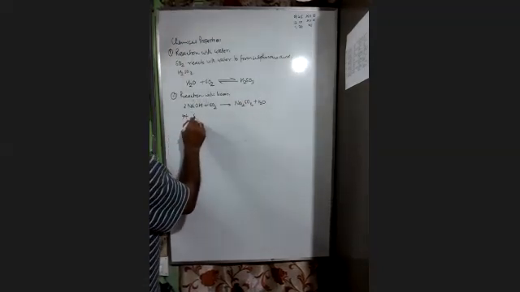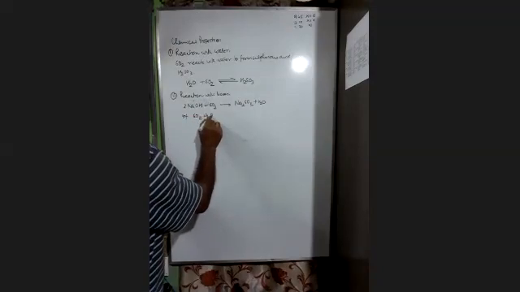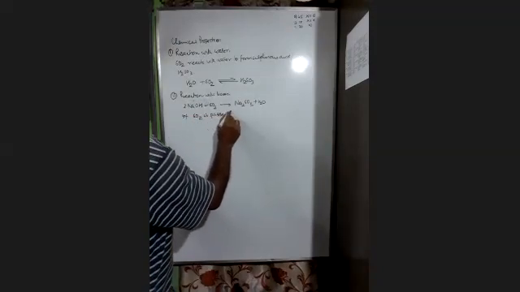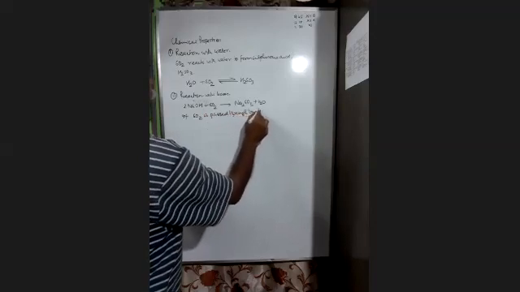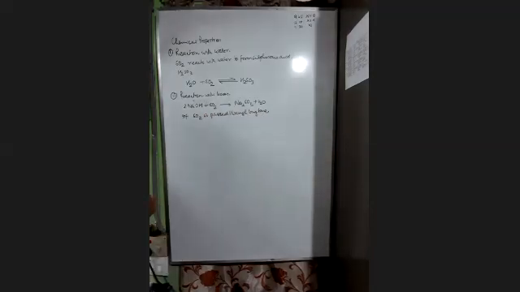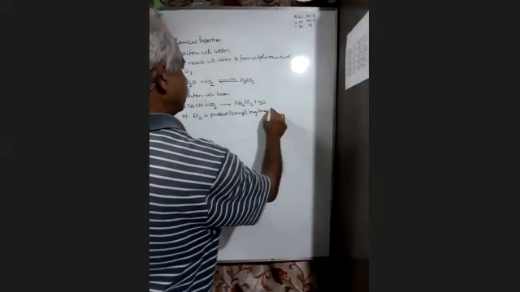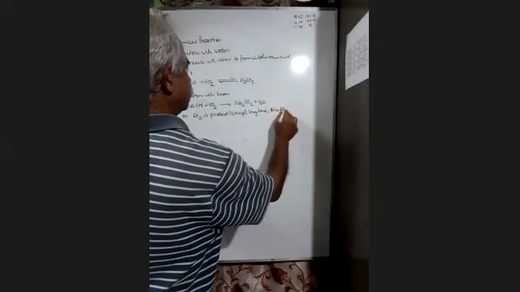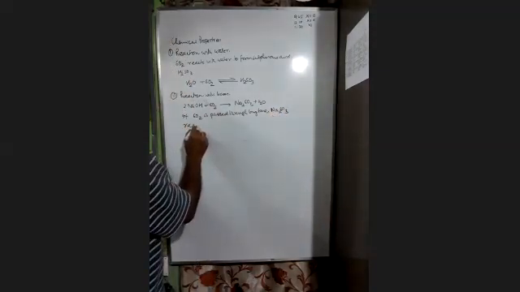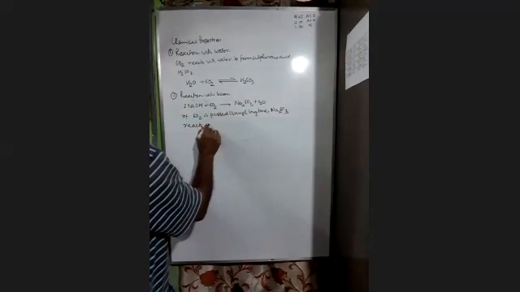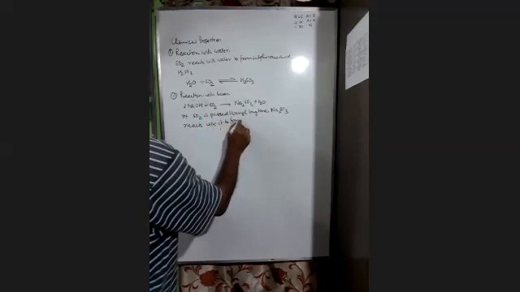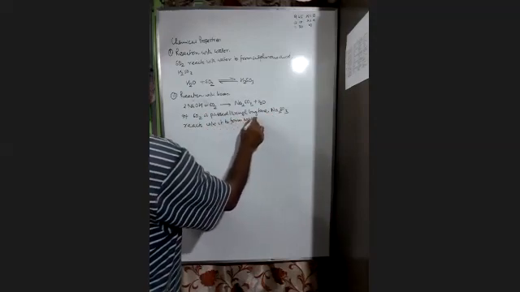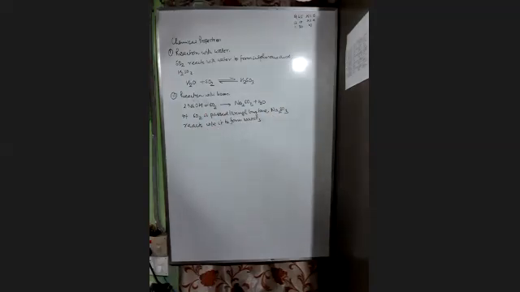If sulfur dioxide is passed through for a long time, the Na2SO3 reacts with it to form sodium hydrogen sulfite. Okay, so I'll write this equation again.